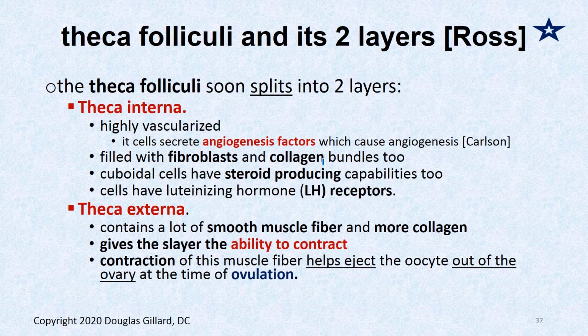These cells have created smooth muscle, kind of like a tunica media. And so when hatching occurs, or ovulation occurs, the winner, the follicle that has grown the biggest, will contract these smooth muscle fibers to have the oocyte squirted out. So we've got to have smooth muscle fibers in there as well.